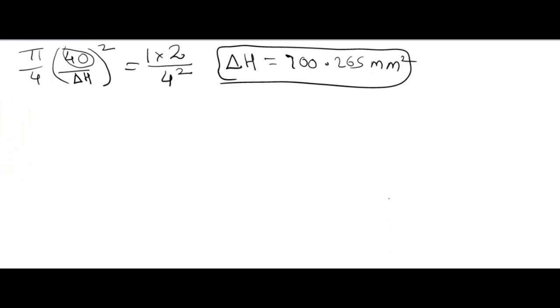Using delta h, how can we find the compression index?